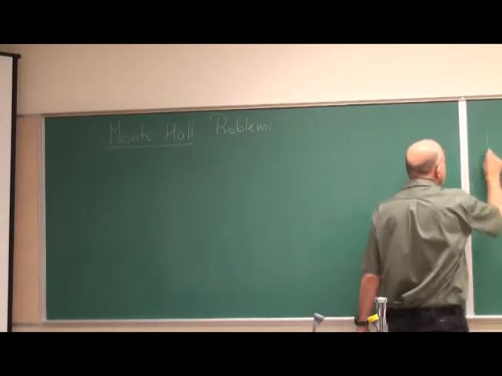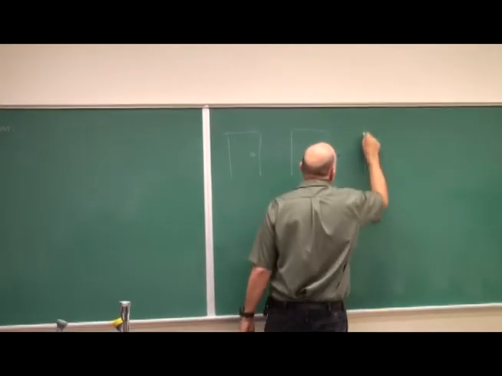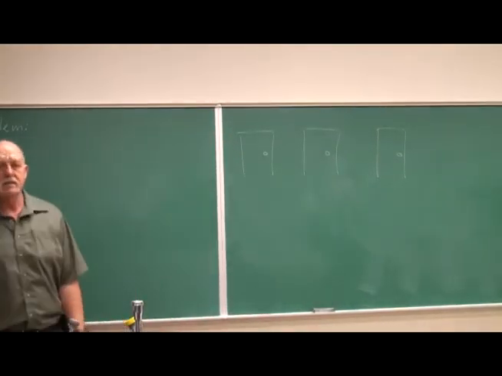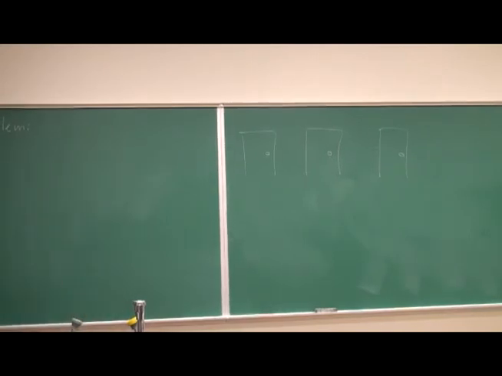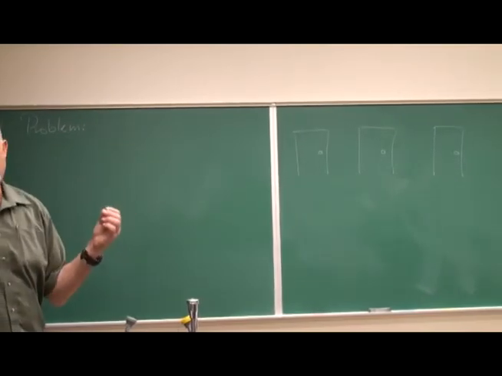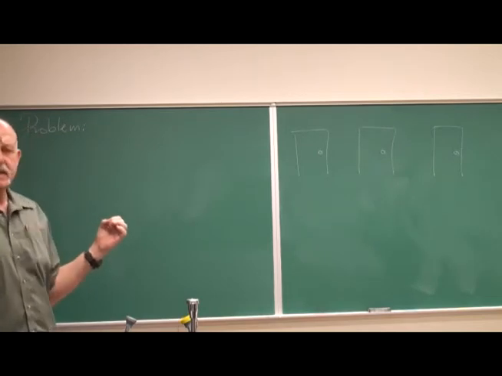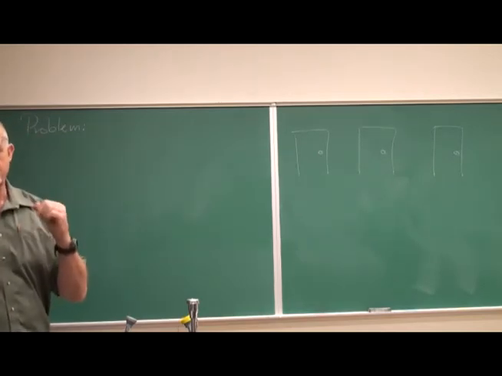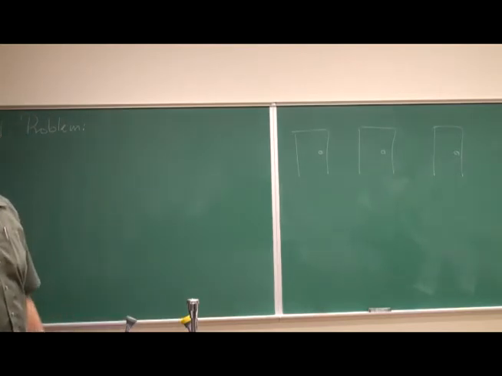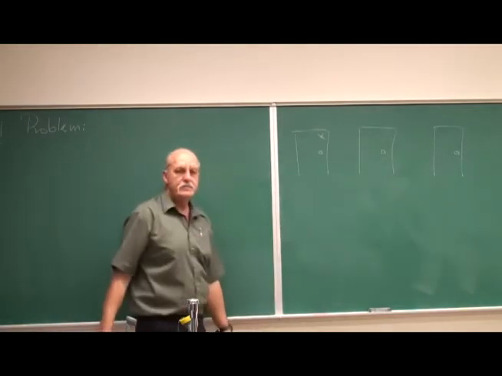There are 3 doors. And you are the contestant, Sean. I am Monty Hall, and I say to you, Sean, behind one of these doors, there's $1 million. If you guess correctly where the $1 million is, it is yours. Okay? So guess where it is. The first one. Okay, so Sean guesses this door.